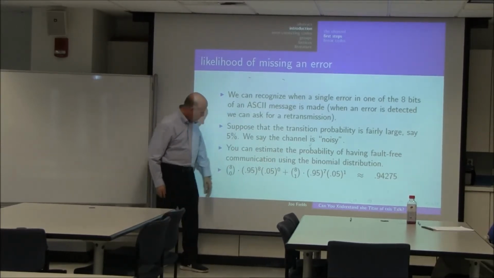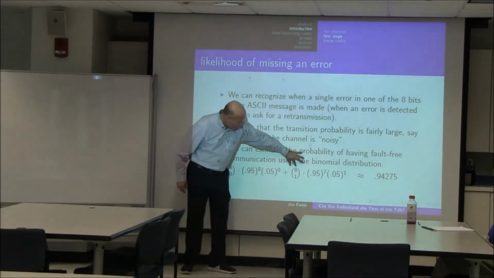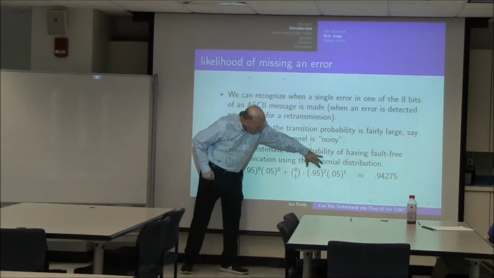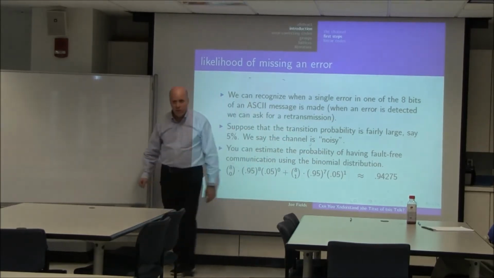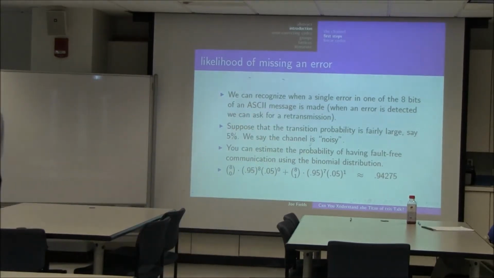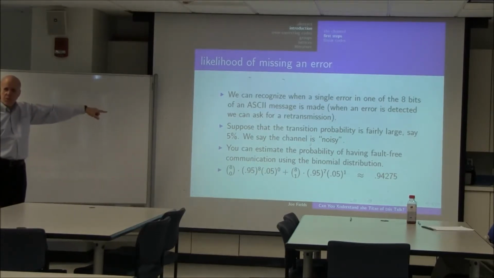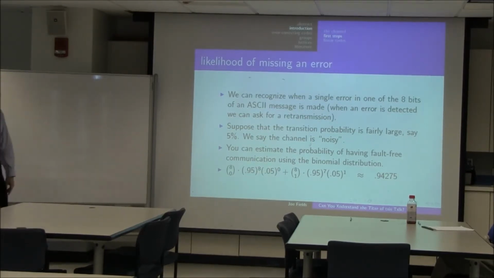And then this is H1, that's 1 error. 7 bits were correctly transmitted, and 1 bit was transmitted falsely, or in error. So that comes out to 0.94, that's great. It's quite close to the 5% that turns out to be the transition probability. People often use that as an estimator.